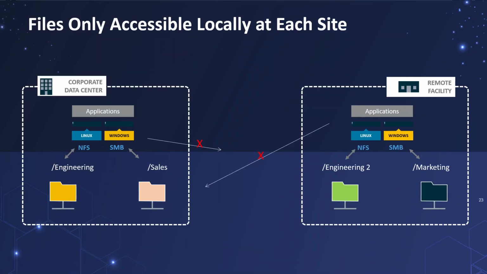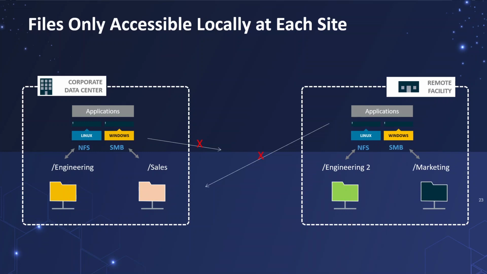And the third case, which is more unique and may have happened in your environment, is if you have a collaborative project across regions, where some data is located in the data center and some is in the remote office.